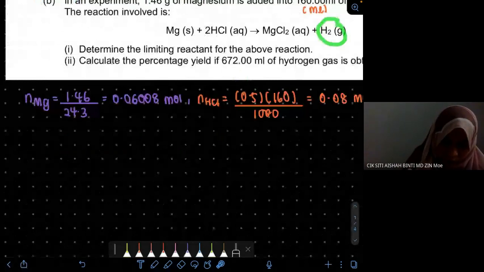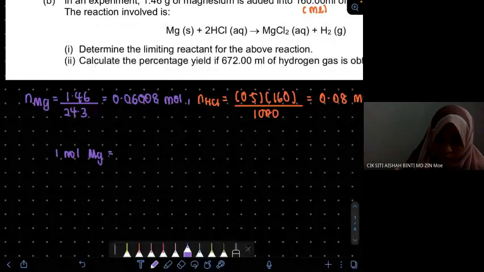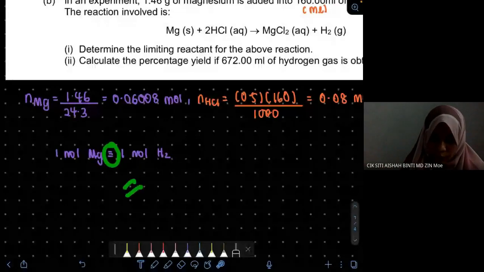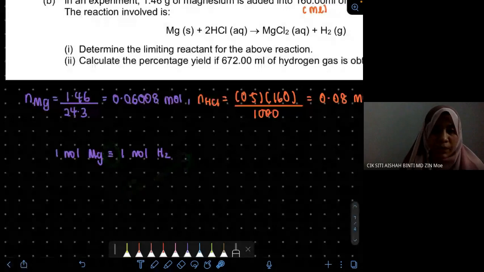So, from the equation, we know that 1 mole of magnesium is equivalent to 1 mole of H2. Ada yang certain yang tak suka buat equal to, nak buat arrow pun boleh juga. Tapi the correct symbol is actually ni lah, equivalent, maknanya macam lah.